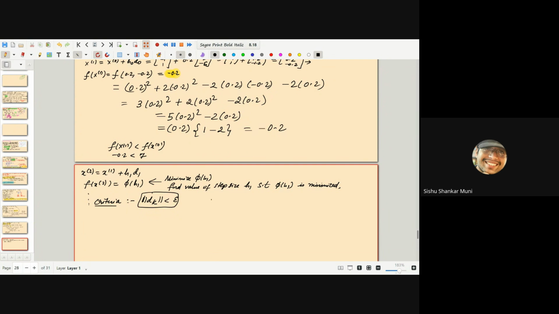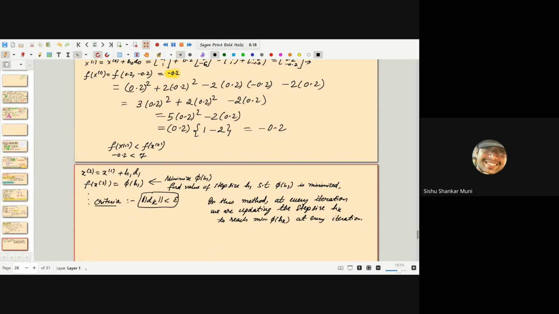At every iteration in this method, we are updating the step size hk at every iteration to reach the minimum of phi of hk at every iteration.